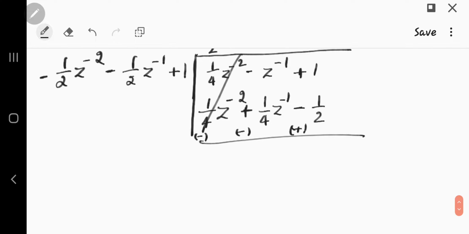Now these two get cancelled. Minus z inverse and minus 1 by 4 z inverse, so you will get minus 5 by 4 z inverse, and then plus 1 plus 1 by 2, that is 3 by 2. Now look at the first term, it is z power minus 2, and the remainder order is z power minus 1, so we don't need to go further, we can stop here itself.